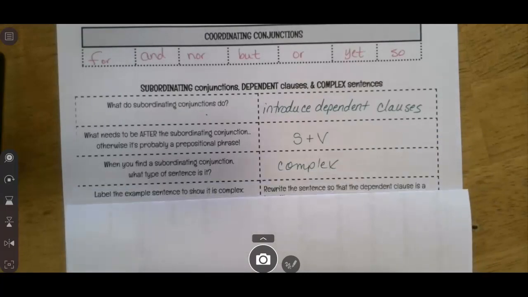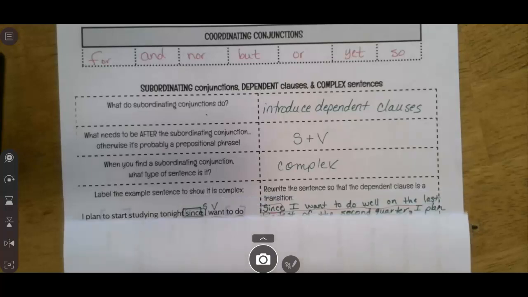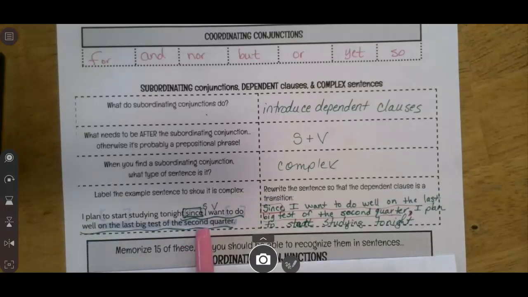So the next task said to label the sentence below as complex. Well, we know that when we find these subordinating conjunctions, we put a box around them, and then we underline the dependent clause and label the subject and verb. So here I did, since I want to do well on the last big test of the second quarter, is my dependent clause, and my independent clause is at the beginning.